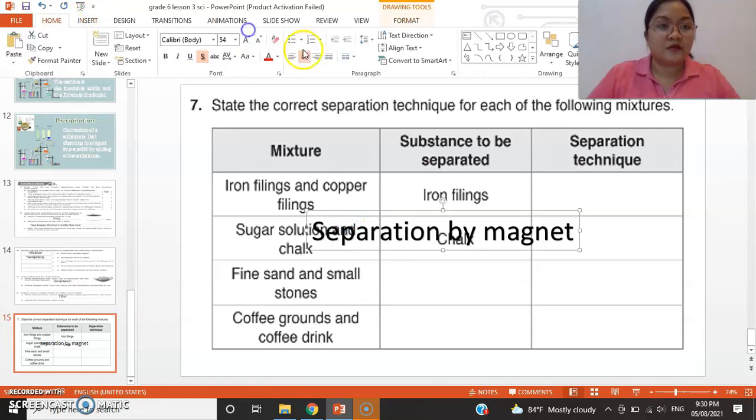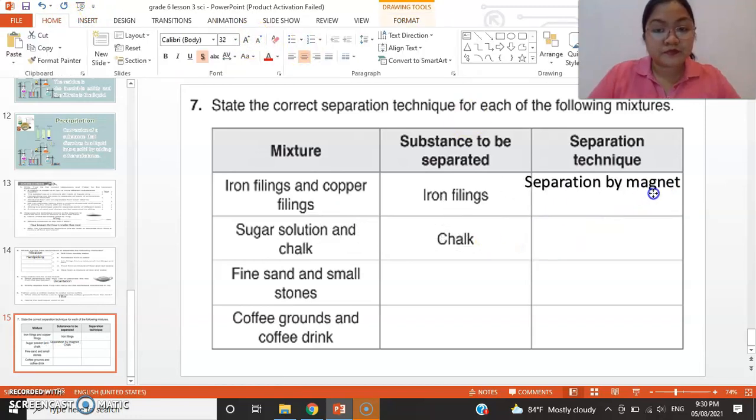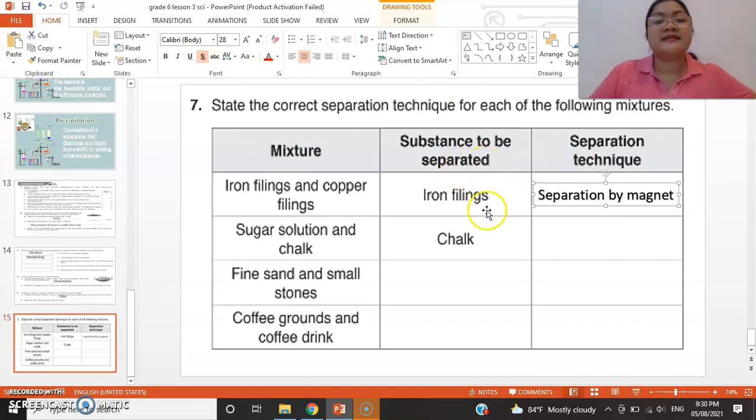Very good. How about this one? Number 2. Sugar solution and chalk. The substance to be separated is chalk. So what technique did we use?